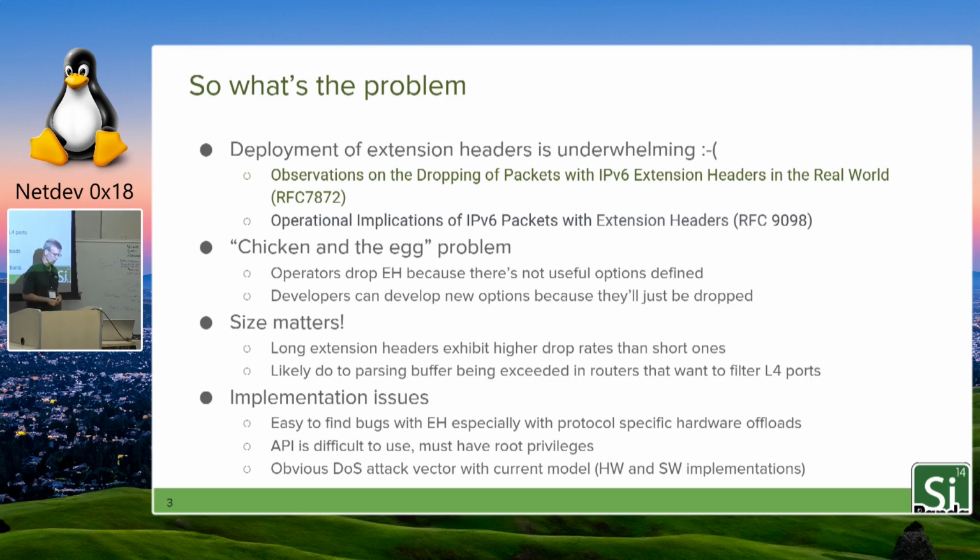Another problem, the APIs are pretty miserable. You have to have root privileges to use these. It's a very restrictive model in Linux, which kind of implies that these are narrow use cases. And some of the things we want to do with extension headers in the IETF is really open this up to make it more generic.